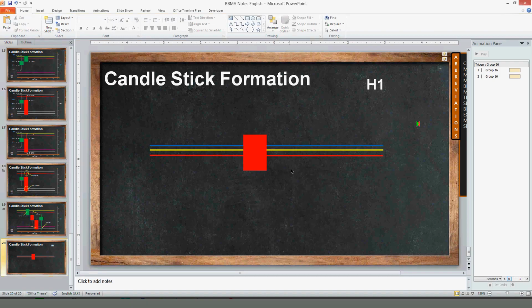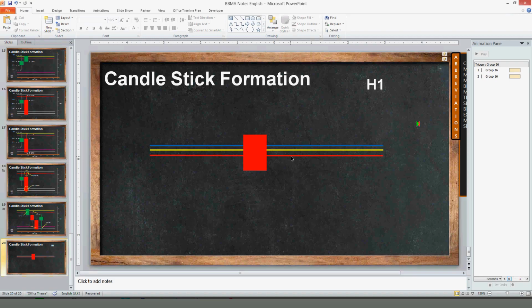What I'm trying to explain is that if there are two or more moving averages or lines in BBMA at a single point, then that is a point of very strong resistance or support. So if you have many moving averages together with any lines in BBMA at the same point, that is a very strong point of entry sell or point of entry buy.